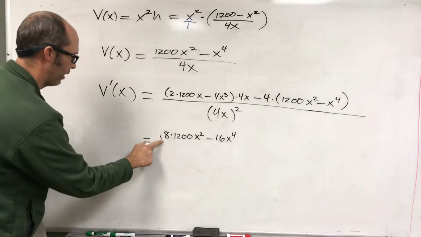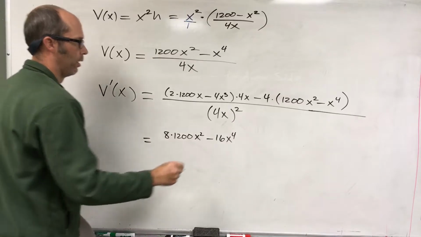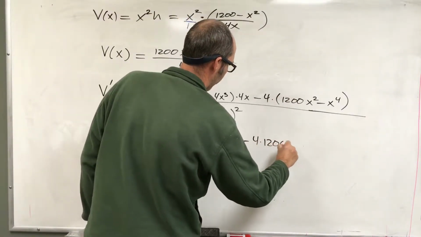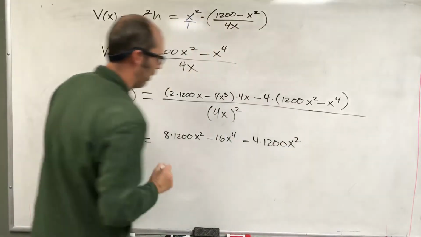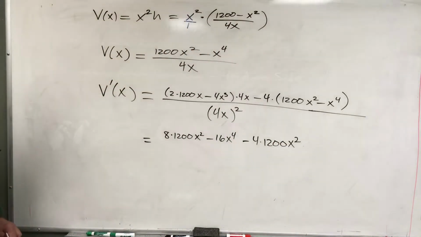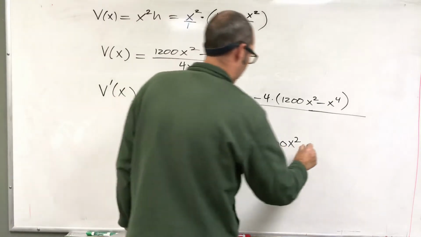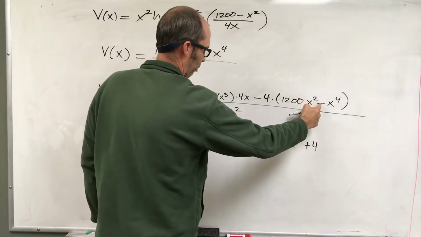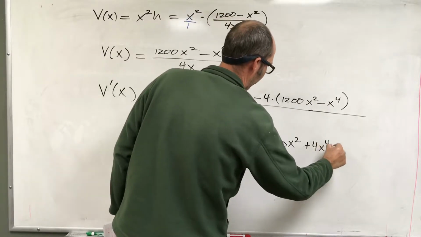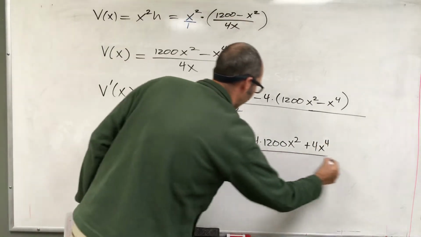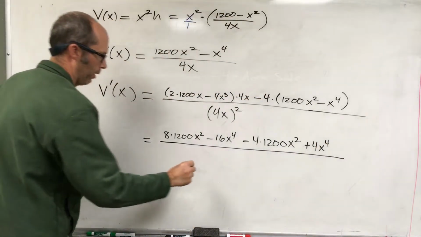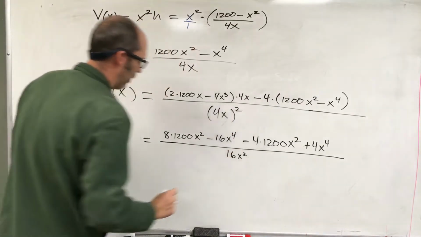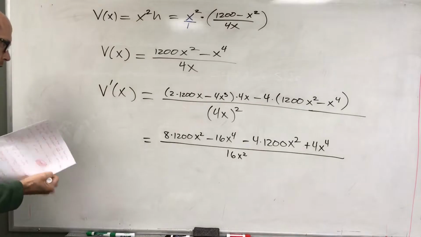Then minus 4 times 1200 x squared, plus 4x to the 4th, since a negative times a negative is positive, all over 16x squared on the bottom.